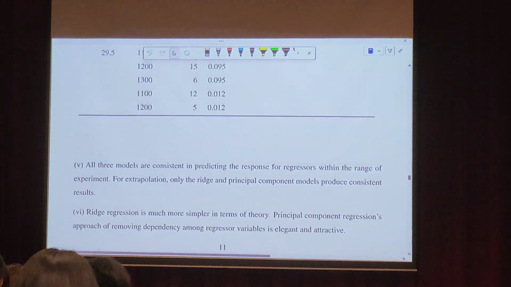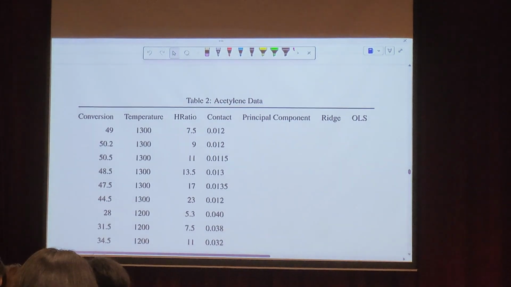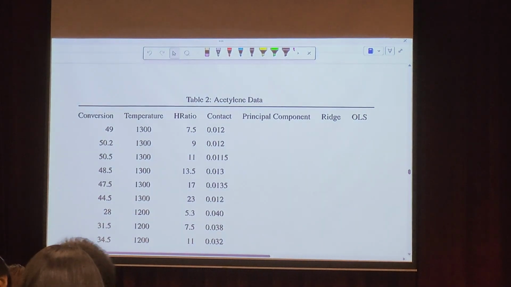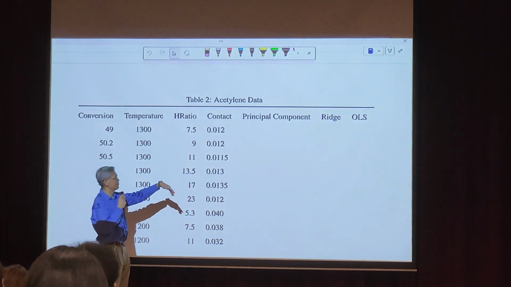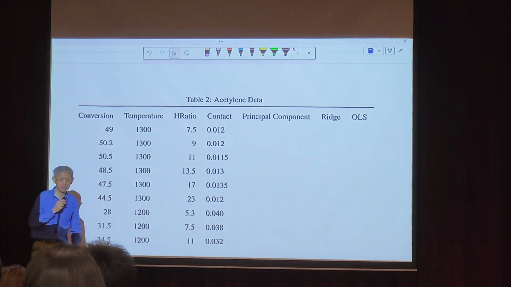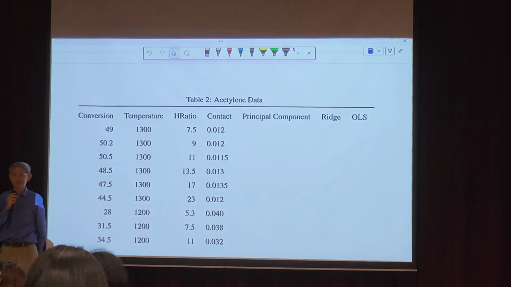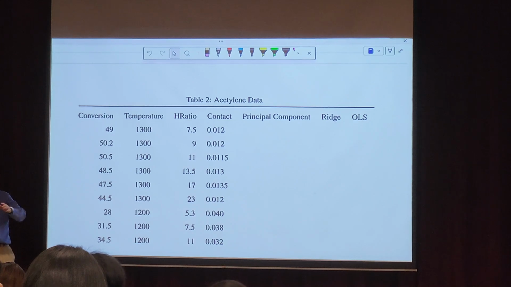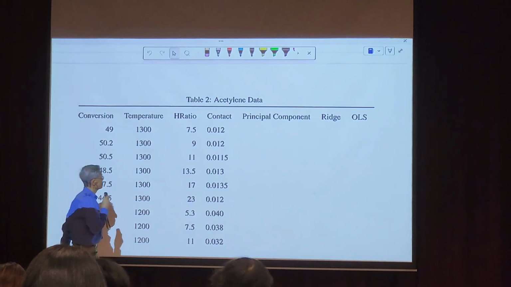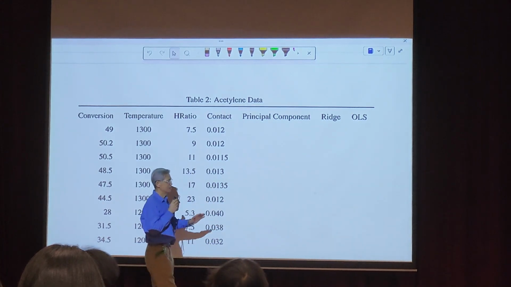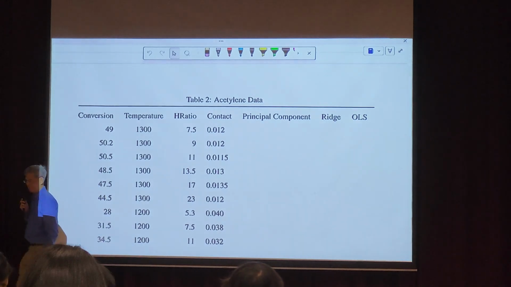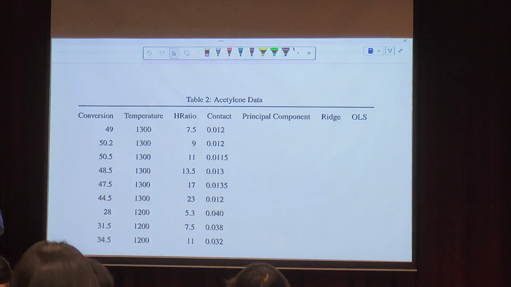So how about principal component? As I say, ordinary least square is like taking Panadol to cure your tumor. Principal component is really an operation to remove the tumor. This is really removing dependency. How will it perform compared to ridge regression?